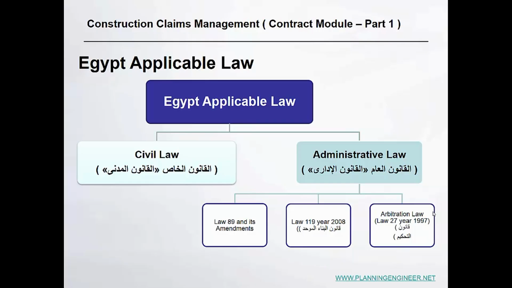Of course, you can solve any problems during the project as a claim, because a claim is not a problem. It can be solved between the contractor and the client. However, if it reaches a dispute, it means it is a case and needs to go to court.